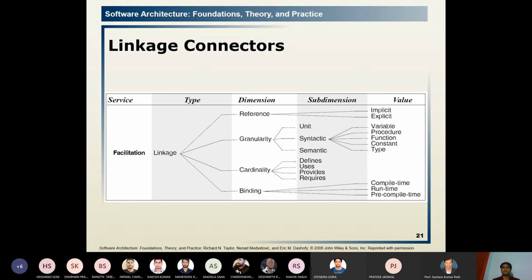If syntactic, it is the value of the variable, the procedure, the function, the constant, and the types. In cardinality, it will define, use, provide, and require. These are the main boundary. This is the limit, so it should be executed. Then binding: compilation time, runtime, or pre-compiled time binding.